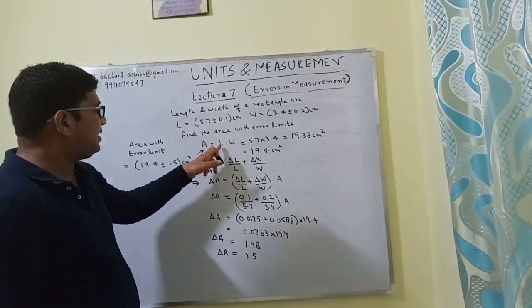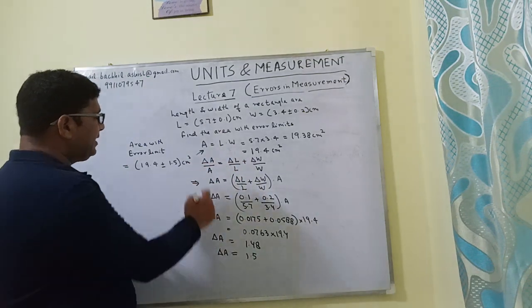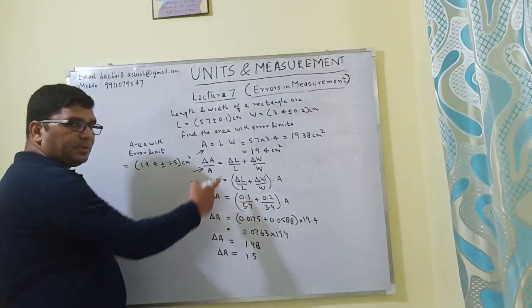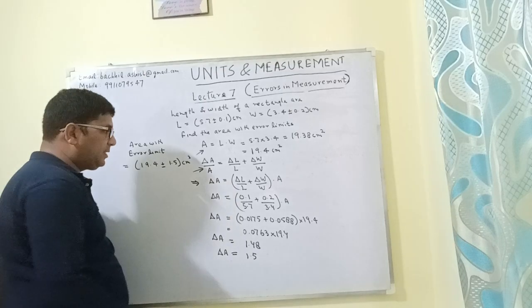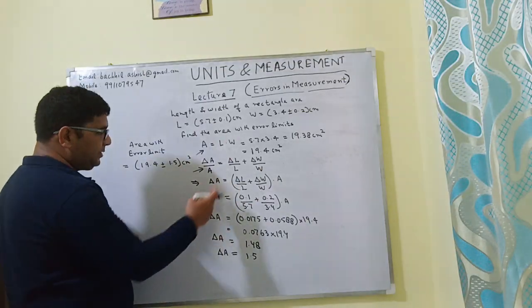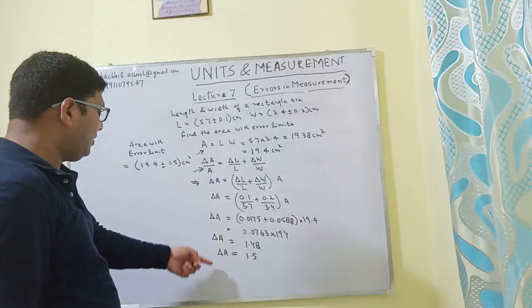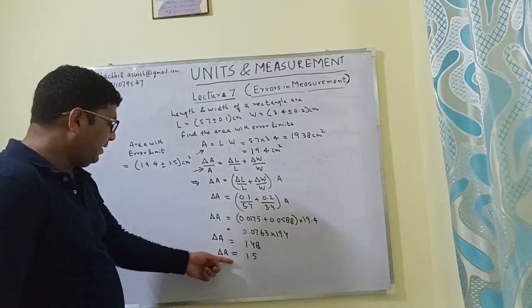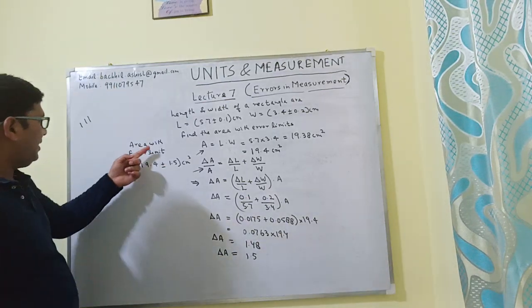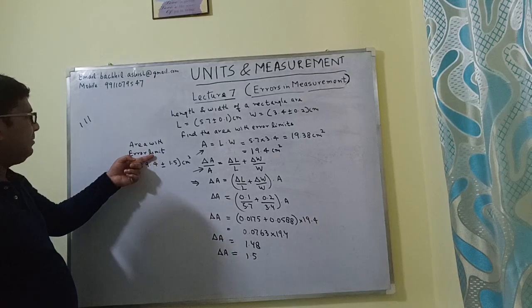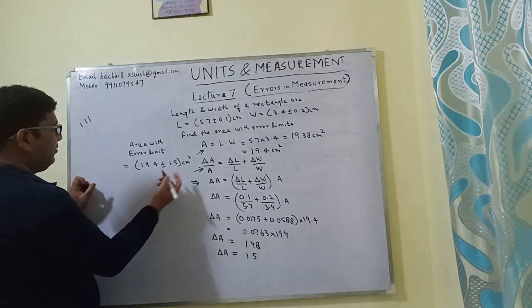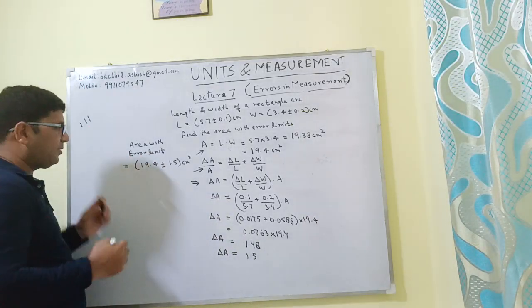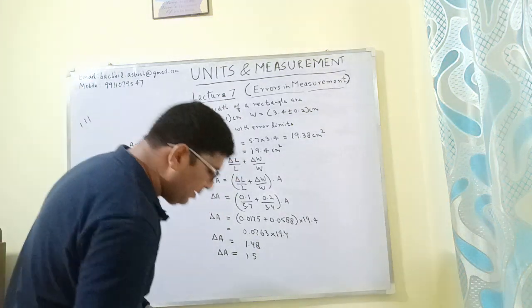Now here the multipliers were length and width, so this is what I have written here. This is as per the rule of the combination of errors which we have studied in lecture number 6, and using this formula we have calculated the value of delta A, which is equal to 1.5. So area with the error limit will be equal to 19.4 plus minus 1.5 centimeters square.